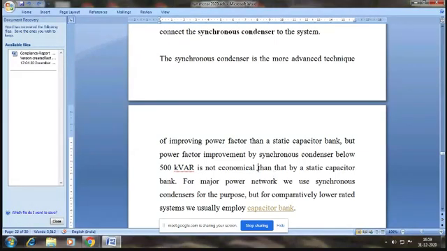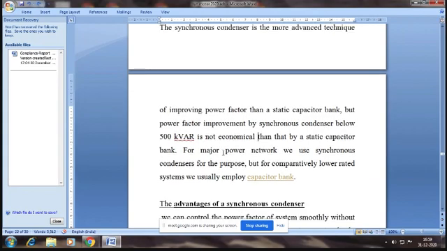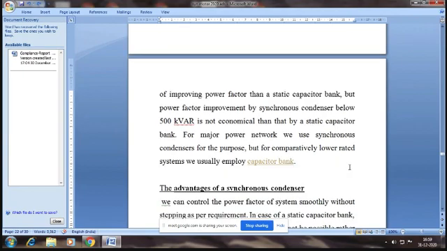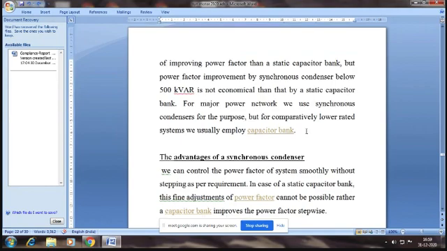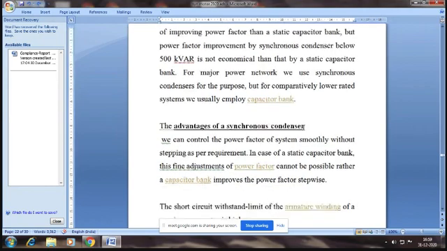So if the reactive power is more than 500 kVAR, then only we should use a synchronous motor to improve power factor. If it is less than 500, a capacitor bank is better from the point of economics. For major power networks, we use synchronous condensers for the purpose, but for comparatively lower rated systems, we employ capacitor banks. Understood? Yes, sir.